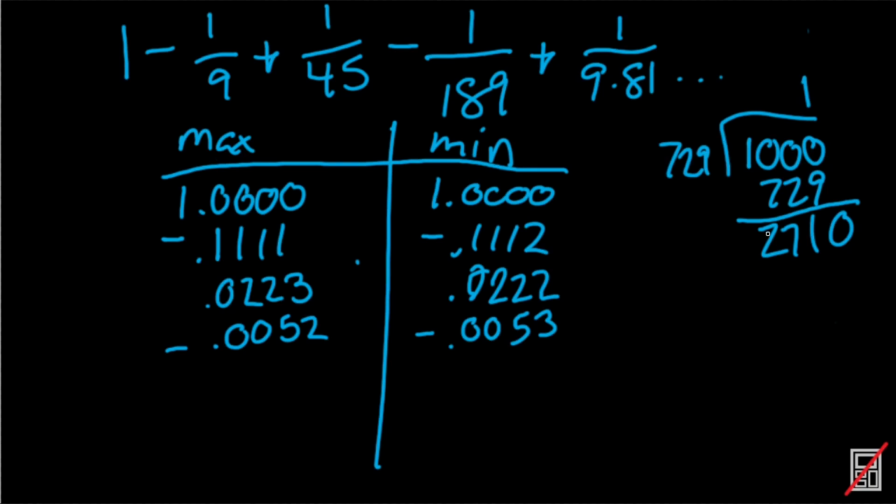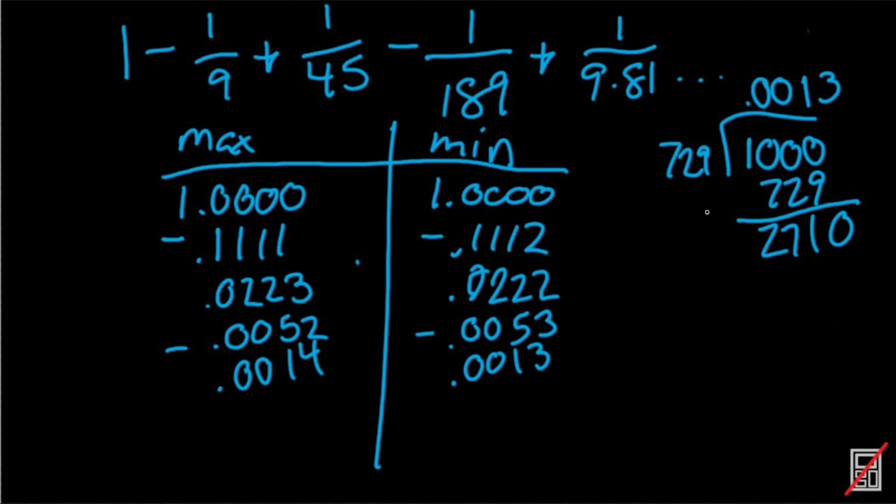Multiplying this by 4 is going to be 2800 something or more, 2900, but that's too much. So 3 should work just fine. 0.0013. So this rounds up to 0.0014, and this rounds down to 0.0013.